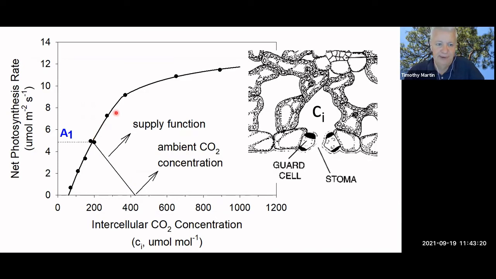So the steeper this negative slope, the wider open the stomata are, the greater the stomatal conductance. And as the stomata open, photosynthesis rate will move up this curve. As stomata close, the negative slope of this line becomes smaller, and A, or photosynthesis rate, will move down this curve. Okay, so that's how ACI curves work.